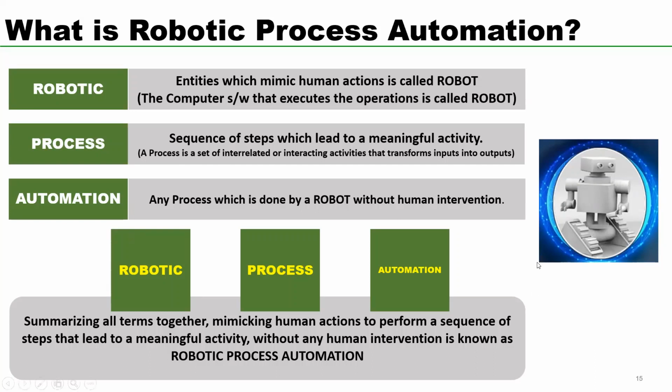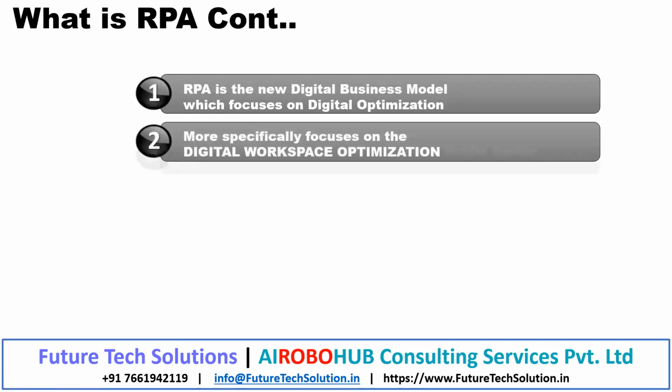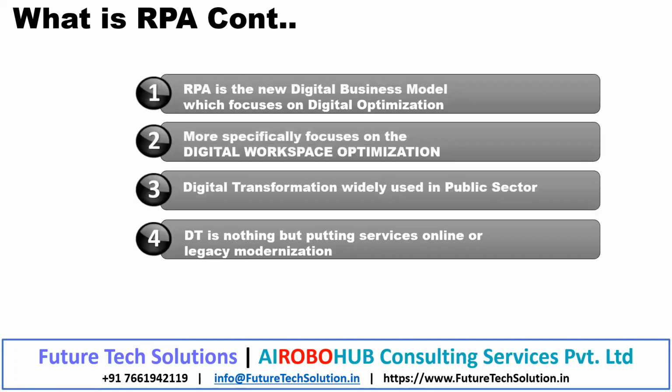Okay, yeah. Then what exactly does it do? What is the digital business model? RPA is a new digital business model which focuses on digital optimization. Meaning in the process, how the process can be optimized from physical implementation to virtual or digital implementation.